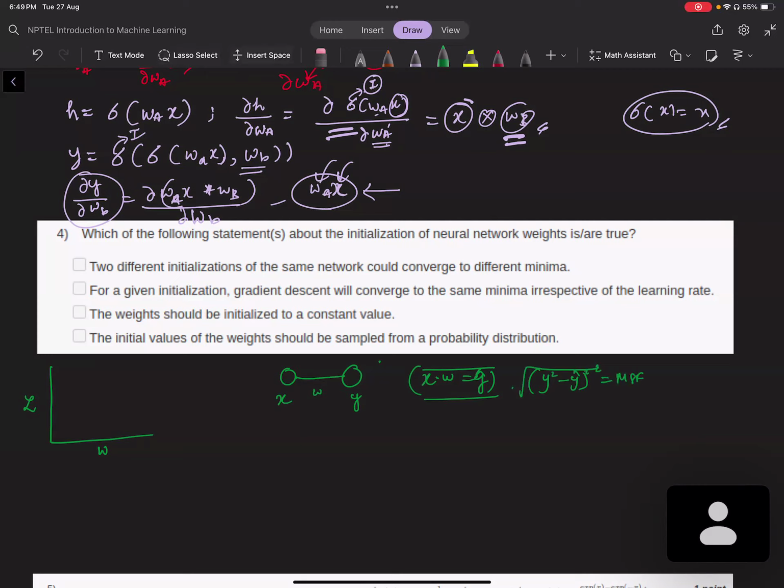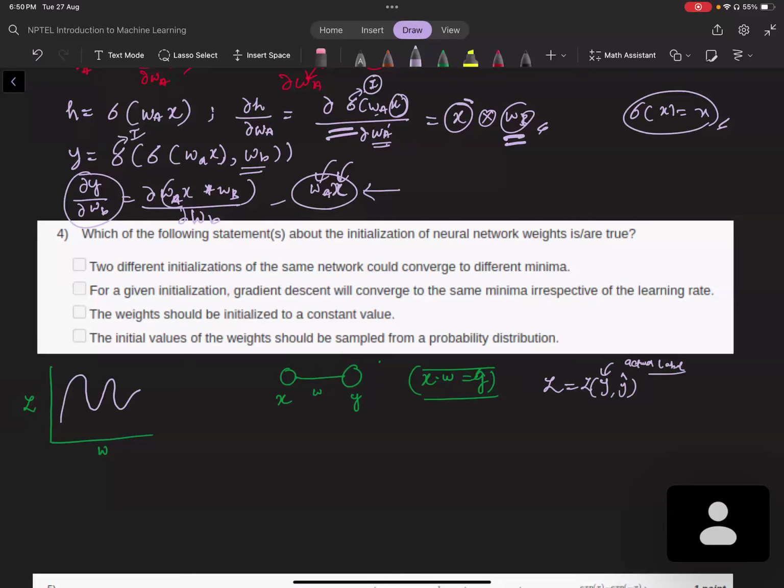Let's just write it very simply. This is your Y hat, and let's say your loss equals loss of Y and Y hat, where Y is your actual label. Let's say I plotted the loss curve like this, and everyone knows the gradient descent algorithm.